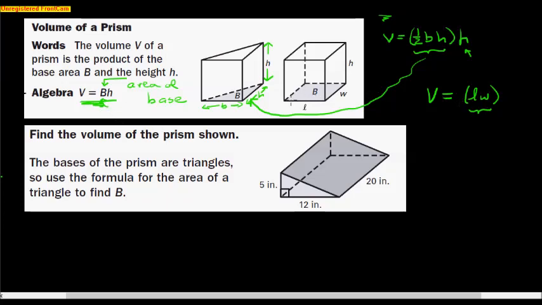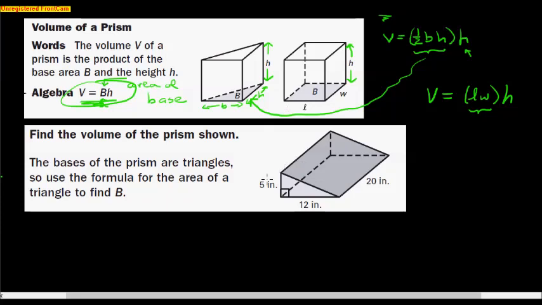So again, I'm taking the area of the rectangle down here, length times width, and I'm going to push it through the height right here. So this height is referring to this dimension right there. So this one formula, even though it's one formula for a prism, can take on these two different forms depending on what kind of shape we're looking at.